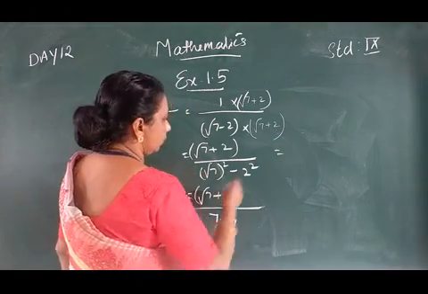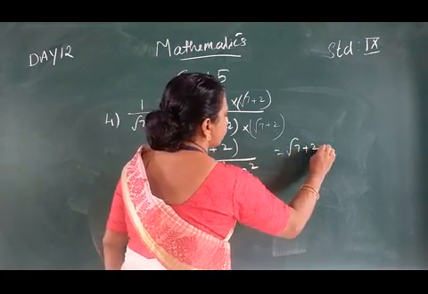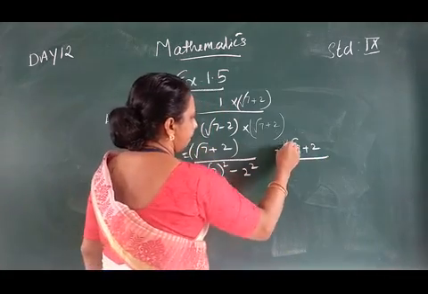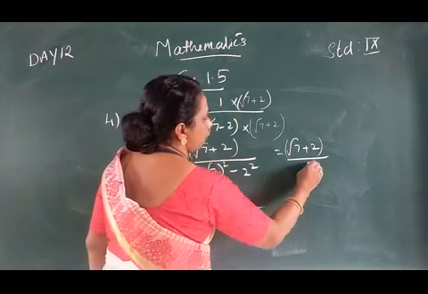That equals root 7 plus 2 divided by 7 minus 4.